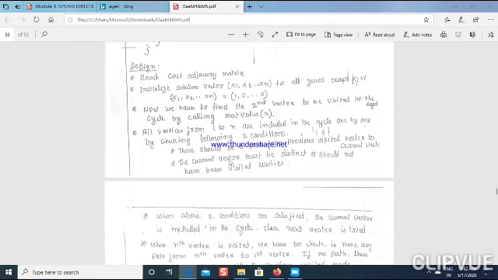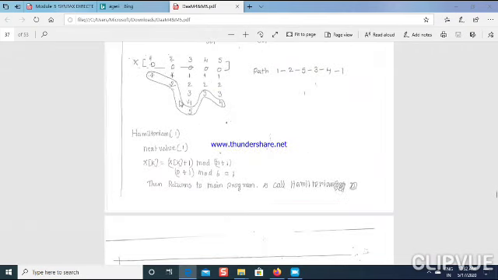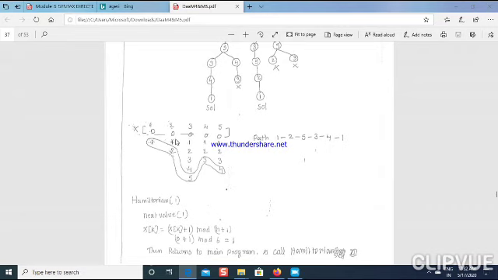The two conditions that you have to satisfy when you want to find the new vertex in the Hamiltonian cycle: assume that I am considering this as a vertex, then the current vertex is this one.